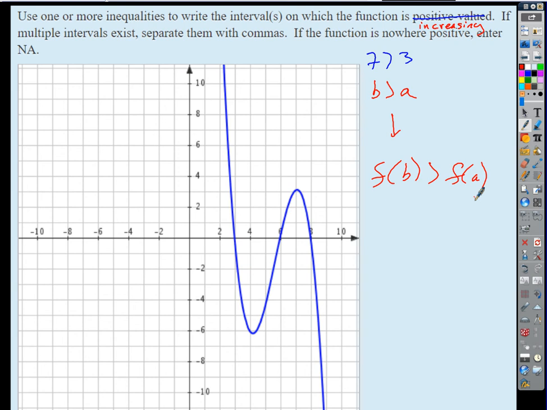Now, if the function were decreasing, that would flip the inequality around, right? So when b is greater than a, f of b would have to be less than f of a. So that's what we call a formal argument in math. That's bulletproof. If that's true, there's no way to dispute it if the function is increasing, right?